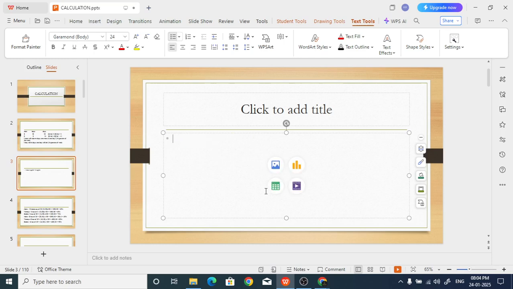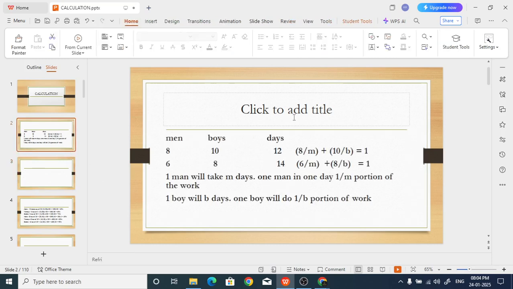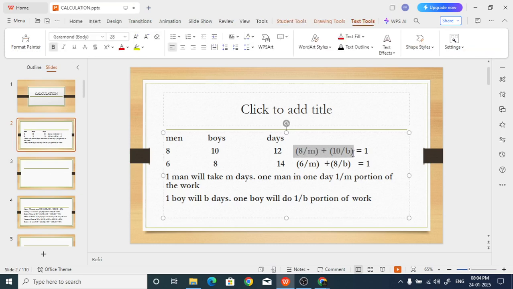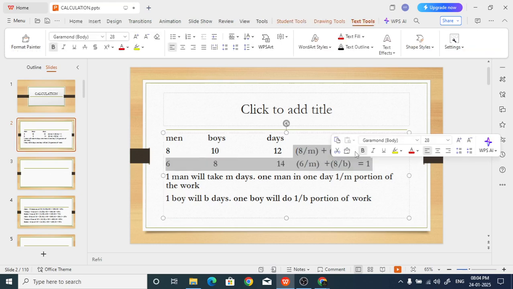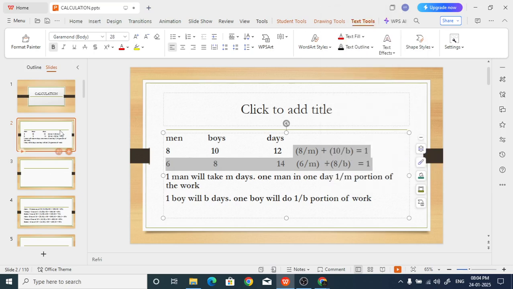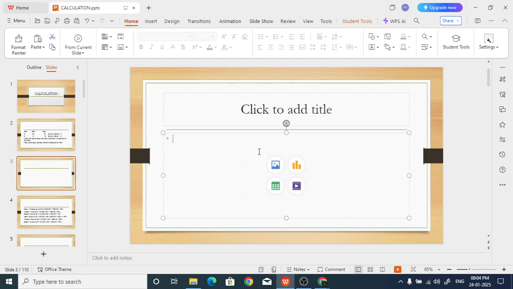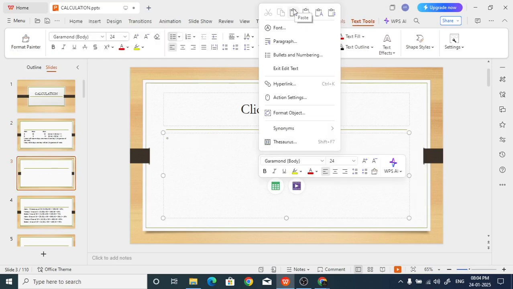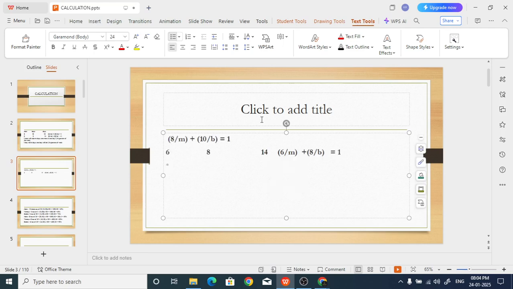This you know how to solve, I think. Anyway, I will do it for you. I'll just copy this. So these are the two equations.